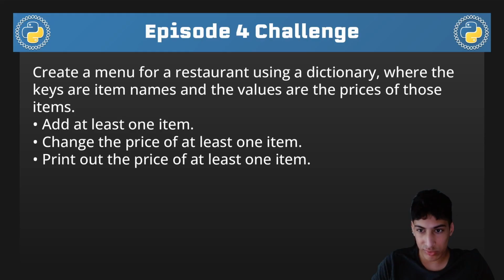So in this exercise, you need to add at least one item to the dictionary, change the price of at least one menu item, and then print out the price of at least one menu item. So that way, we're creating, accessing, and modifying the dictionary. We're getting practice in all three of those areas.